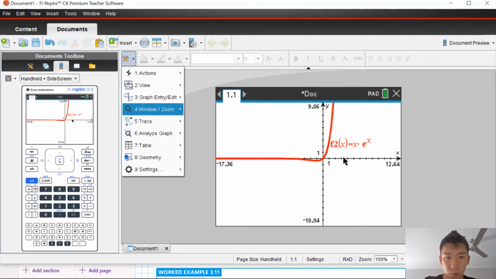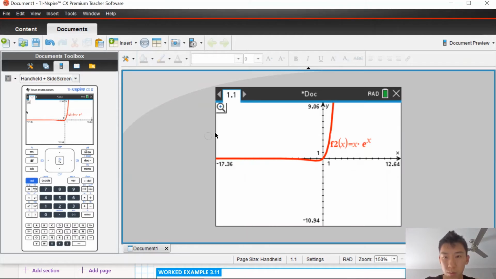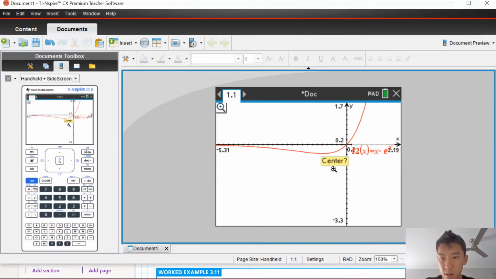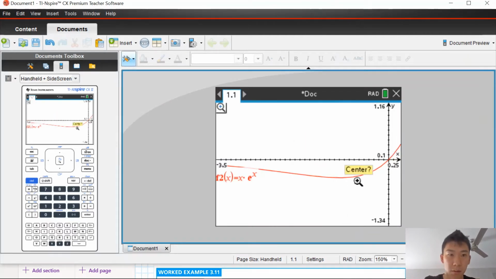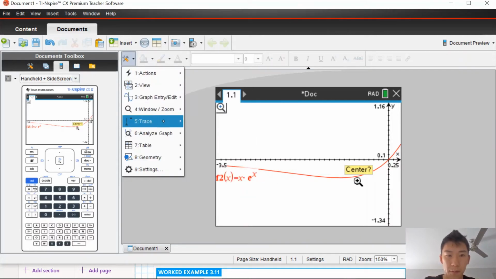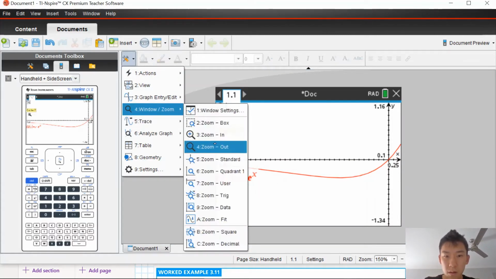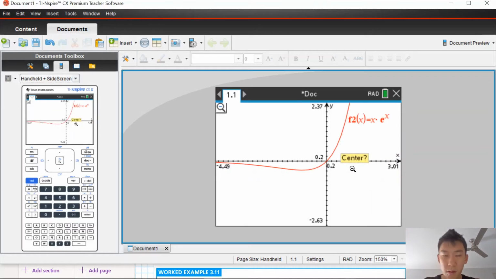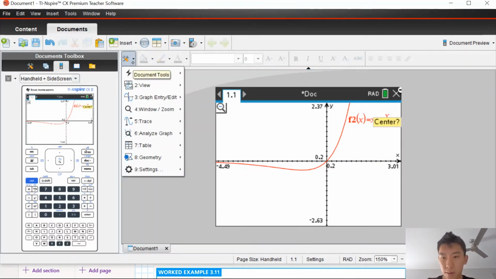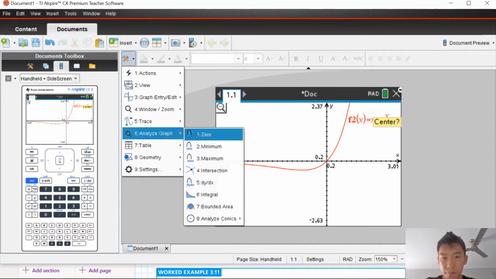Alright, I'd just like to zoom in a little bit, so let's just zoom in here. Oh, maybe too far. Zoom out a little bit. There we go, that's fine. Okay, so we want to find the minimum value, so let's get the calculator to help us do that. So Analyze Graph, Minimum.